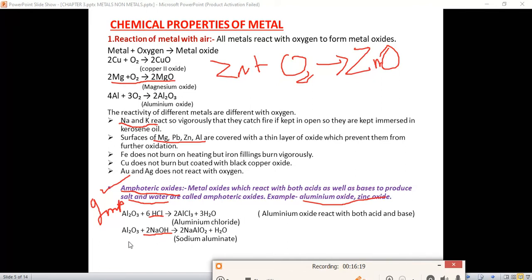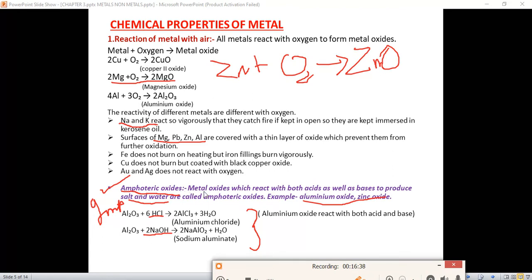In the second reaction, aluminum oxide reacts with the base NaOH to form NaAlO2, sodium aluminate, plus water. So these are the two reactions with the help of which we can say that aluminum oxide is an amphoteric oxide. It reacts with acid and it also reacts with a base.